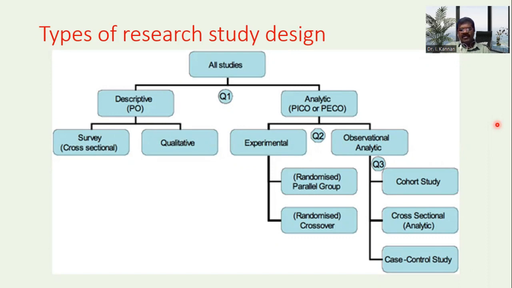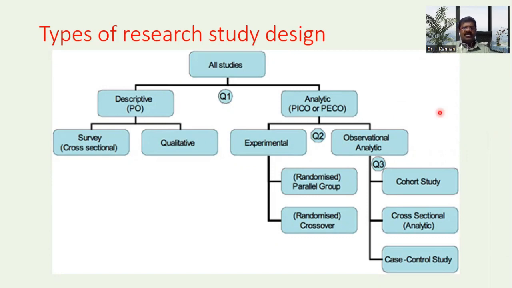But if we want to find out how many people who take this many cups of coffee with sugar daily have diabetes, and you have a hypothesis that taking 10 or more cups of coffee will make patients diabetic, then it will be an analytical study. But you needn't bother about the types of study at this juncture when you decide about the statistics.